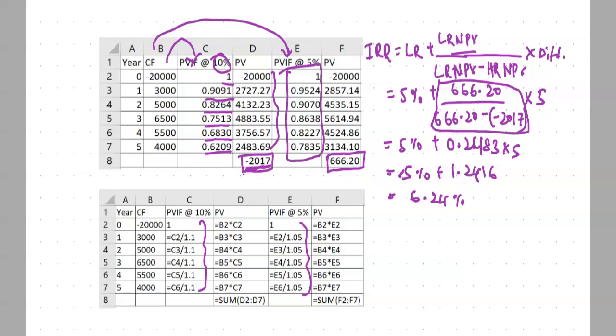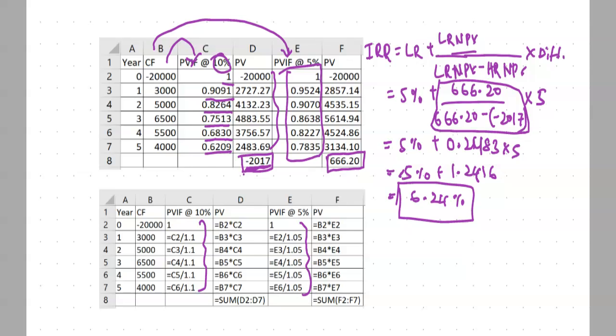So the formula returns an approximate IRR, which is 6.24%. If you want to calculate the accurate IRR, you need to either use a Microsoft Excel spreadsheet or a financial calculator.